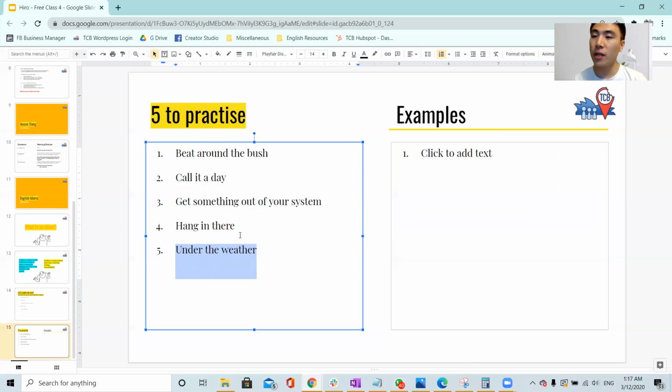If you say that you feel under the weather, it is not as serious as I am about to die or I have a terminal disease. If you say under the weather, it means that you are slightly unwell, but not very unwell. Okay, here's an example.